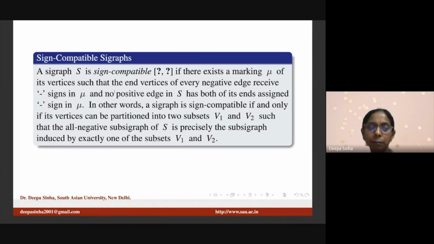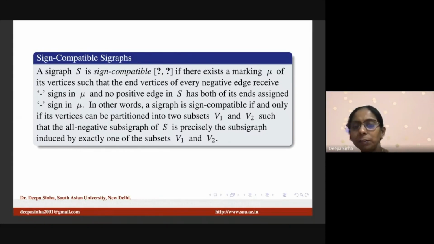In other words, a sign graph will be sign compatible if and only if its vertices can be partitioned into two subsets V1 and V2 such that all negative edges of S form precisely the sub-sign graph induced by exactly one of the subsets V1 and V2.